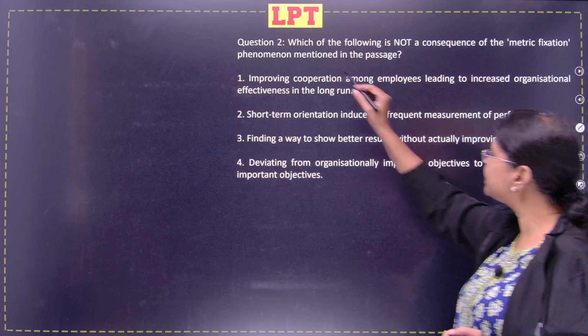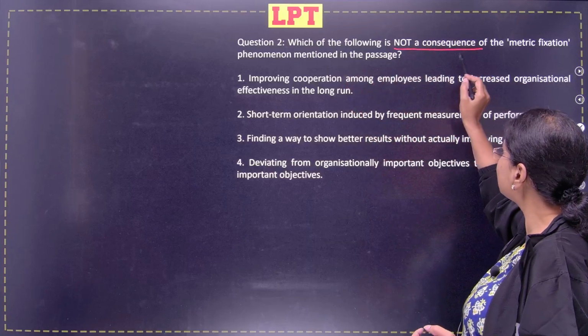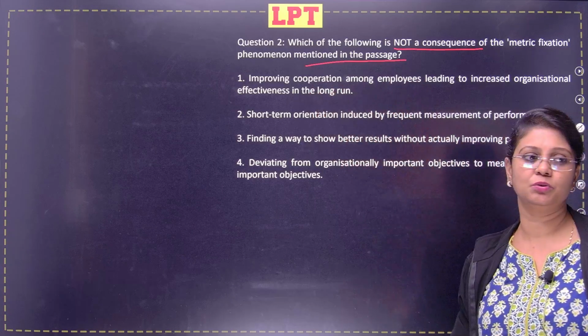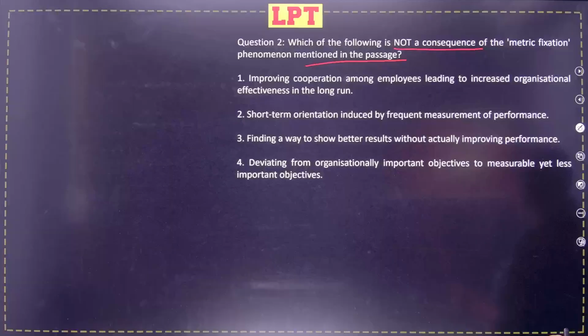It says, which of the following is not a consequence of metric fixation phenomena mentioned in the passage? So look at the 4 options and try to come up with an answer. It is asking you not a consequence of metric fixation.